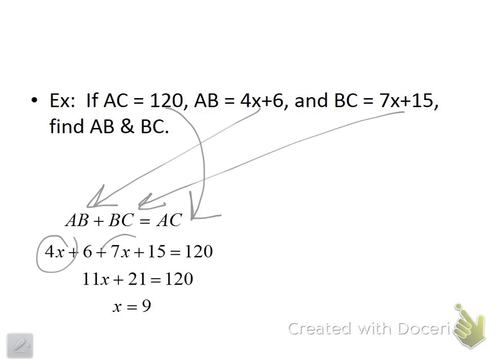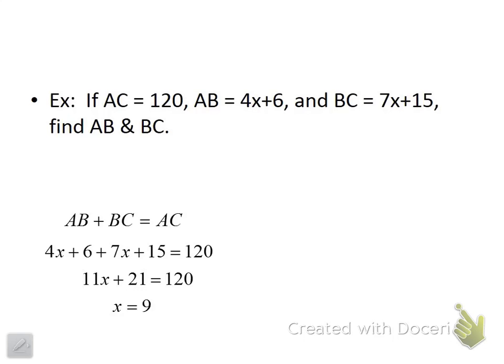So 4x plus 7x gave me that 11x. And then 6 plus 15 gave me that 21. I subtracted 21 from both sides. And so I'd have 11x equals 120 minus 21, and then I just divided by 11. There's a way to visually do that if you don't want to think about replacing things in here, but I think it's easiest if you just replace it and plug and chug.